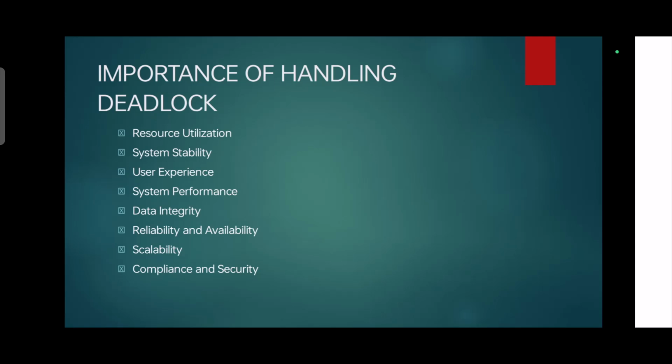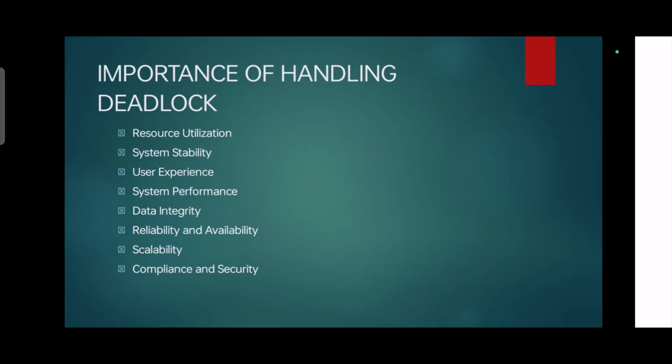For example, if a process holds a resource without releasing it, other processes that need that resource will be blocked, leading to wastage of resources. By resolving deadlocks, resources can be freed up and utilized optimally, improving resource utilization and overall system efficiency.